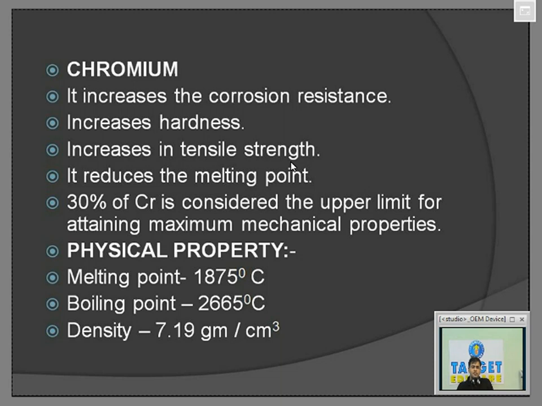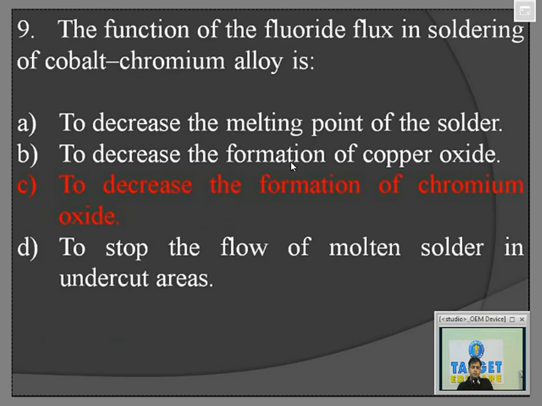Okay, moving on to the next question. The function of fluoride flux in soldering of cobalt-chromium alloy is... So the function of flux in a cobalt-chromium alloy is to decrease the formation of chromium oxide.